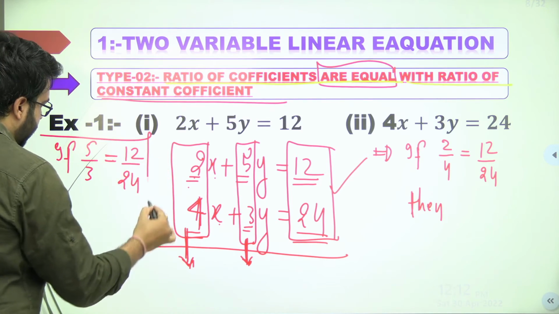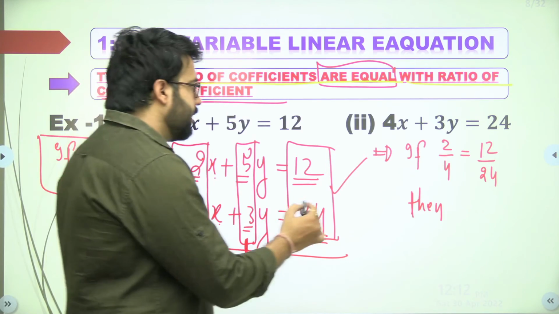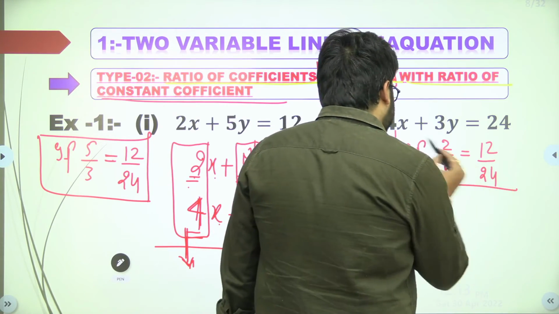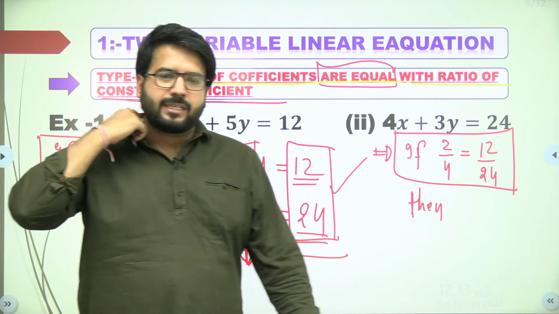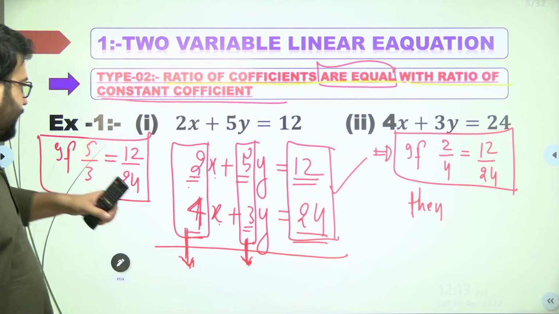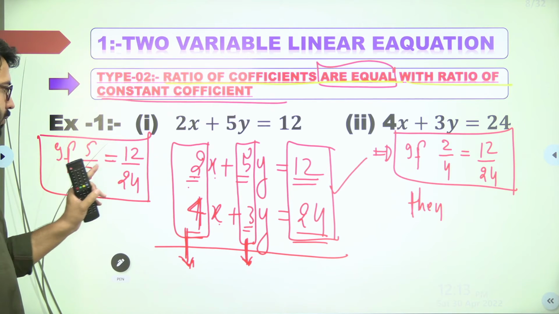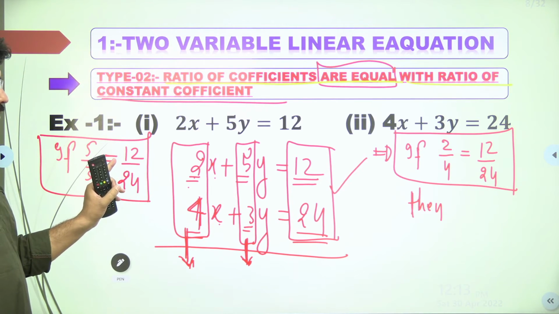These are basically the two types on which we have to focus in this particular type. First one is the coefficient of x is equal to the constant coefficient, and in the second one the coefficient of y is equal to the constant coefficient.